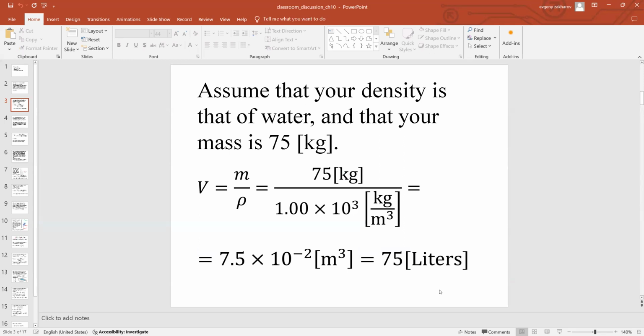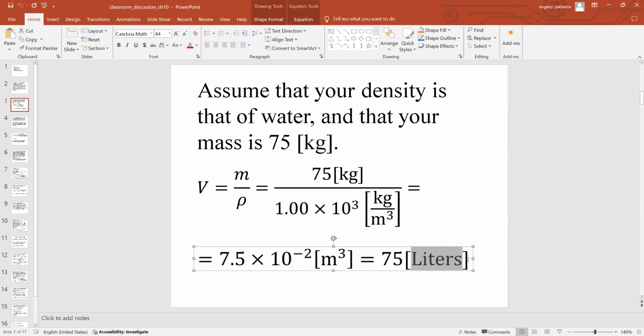Of course, it's fluid ounces that you would most likely see the first thing in a United States bottle, but in Europe, liters are the units that you will most likely see on the bottle.